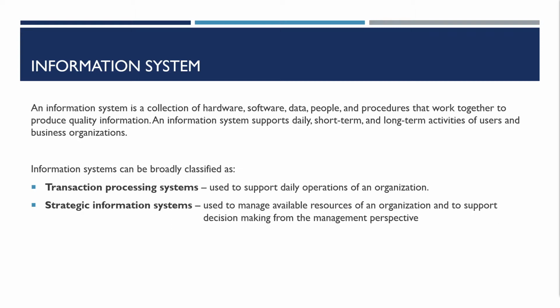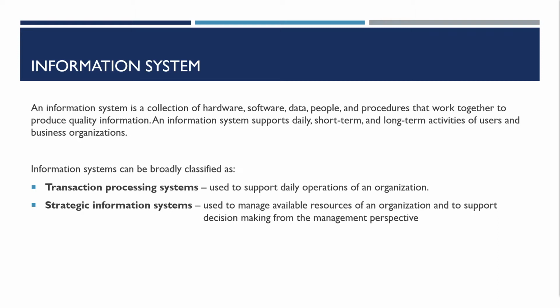So these are used to manage available resources in an organization, to support decision making from a management perspective. So these are types of information systems that deal mostly with the data or information of a business, which can be used so that a decision body can have an idea of what is much better to do in a company to improve their business, and if there are problems, to solve the problems.